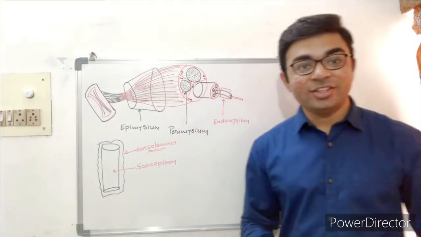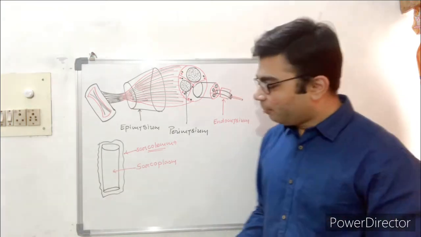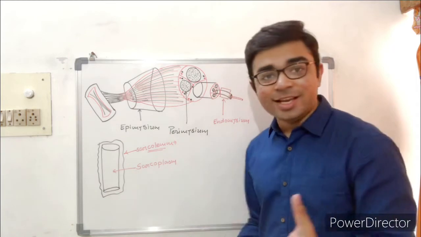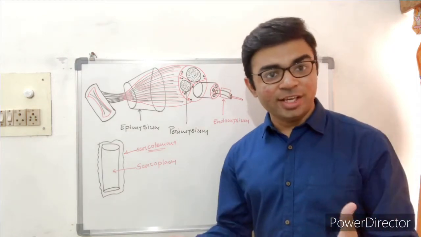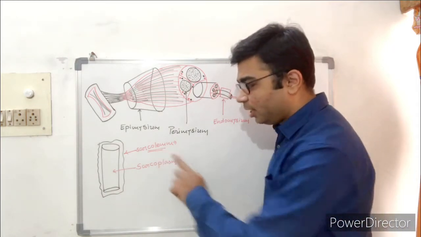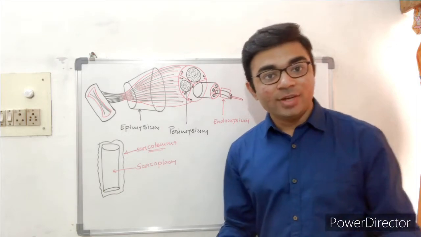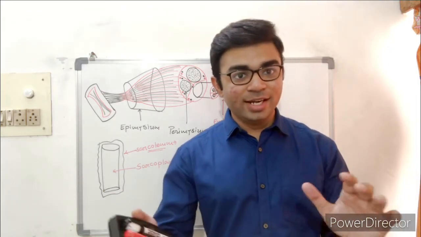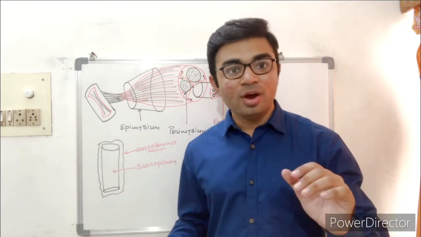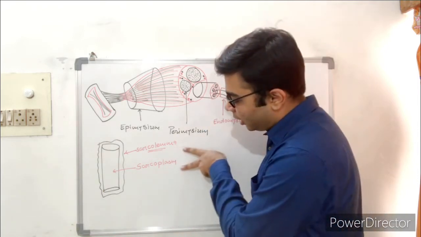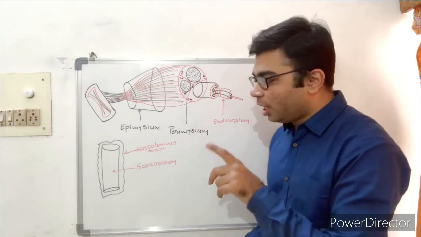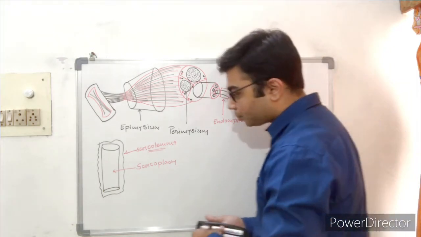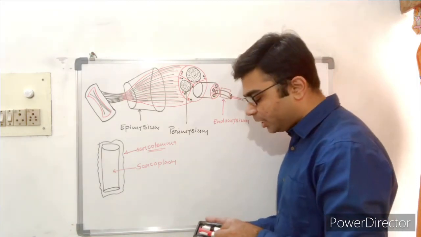Now the real theory portion starts. When you get an idea about a muscle fiber or muscle cell, it has a typical covering known as the sarcolemma, and the cytoplasm of a skeletal muscle is known as the sarcoplasm. So this idea is now clear to us, these are the two terminologies. Now we must understand one important thing, that sarcoplasm contains many things.